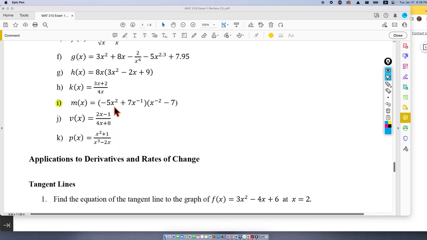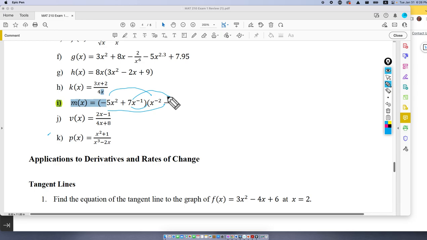Let me go to blue. So what we're going to do is we are going to FOIL first: outer, inner, and last. If we FOIL it out, we get a polynomial that we've already been doing.